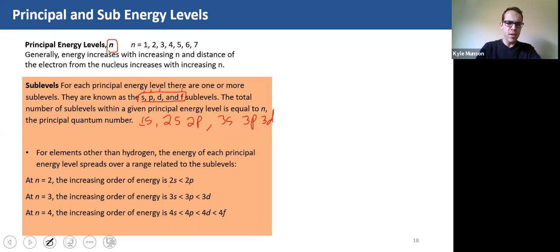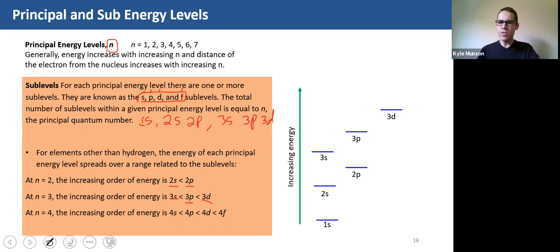So the 2s orbital is lower in energy than 2p, 3s is lower in energy than 3p, which is lower in energy than 3d, etc. So you're going to have this as a reference. And again, we're going to find a way to memorize this, or a trick to recognize this, in next week's video.